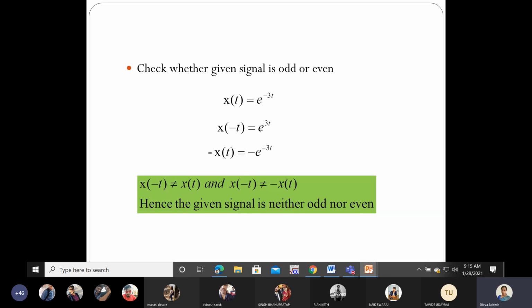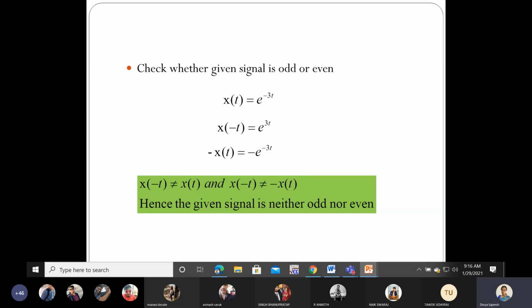Such a signal I can express as a sum of an even part signal and an odd part signal. I can segregate it into an even section and an odd section. If I apply the condition and obtain that the given signal is odd, then the even condition will fail.